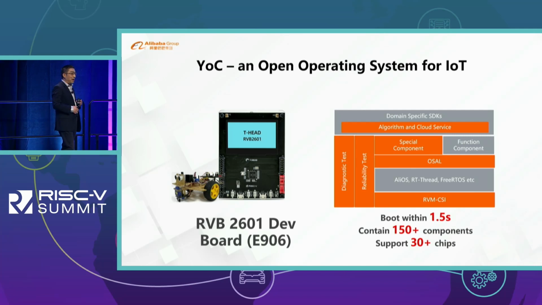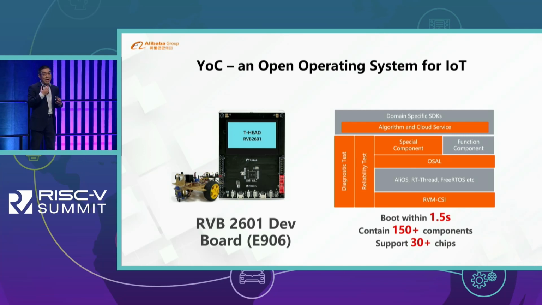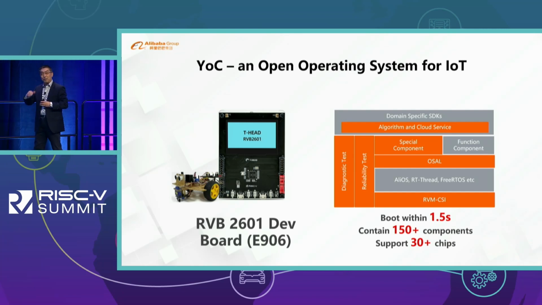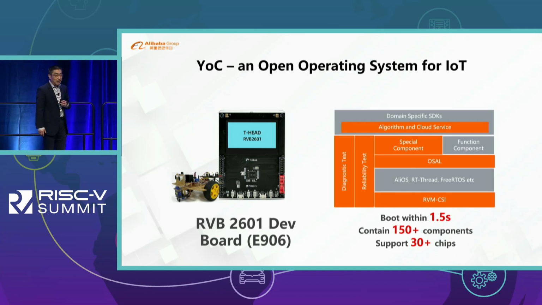Yun in Mandarin just means cloud. So we are trying to bring the capabilities of cloud computing to the edge devices. On the right-hand side, you can see the orange areas that we developed and the gray areas we developed with our third parties, building from the very bottom.